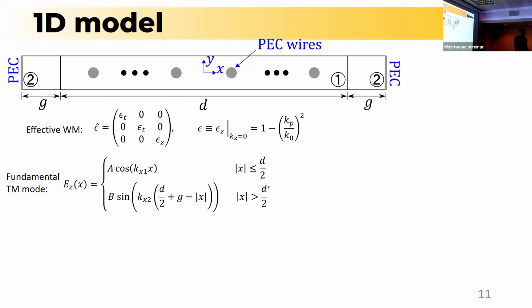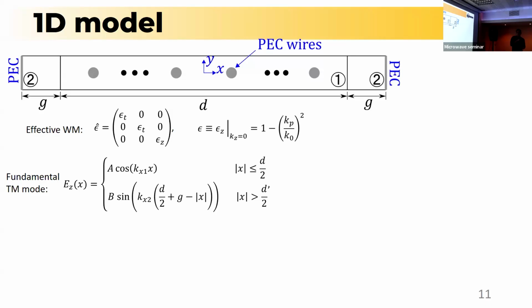So to deal with the wire medium, we are going to use an effective model for the wire medium, which treats the wire media as a uniaxial media. Particularly in this uniaxial media, the relevant component of the epsilon is this epsilon Z. So this epsilon Z follows the dispersion of a plasma, right? We have this dispersion of a plasma, particularly as we are focused on the mode with the highest field homogeneity, we are not including spatial dispersion effects for this fundamental mode.